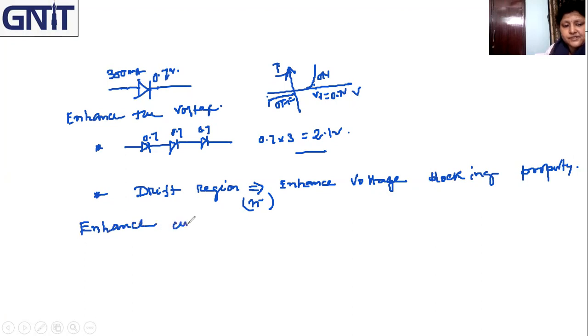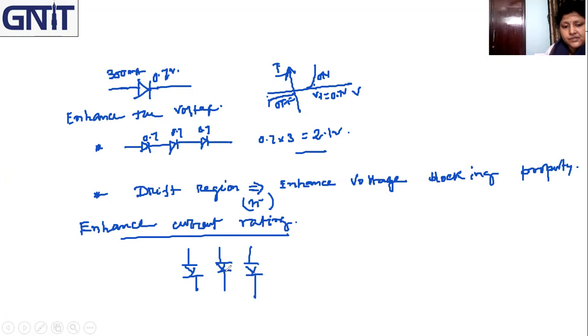Similarly, whenever we have to enhance the current rating, what do you have to do? All those diodes may be connected in parallel, such that through the parallel paths we get an equal amount of current from each diode.